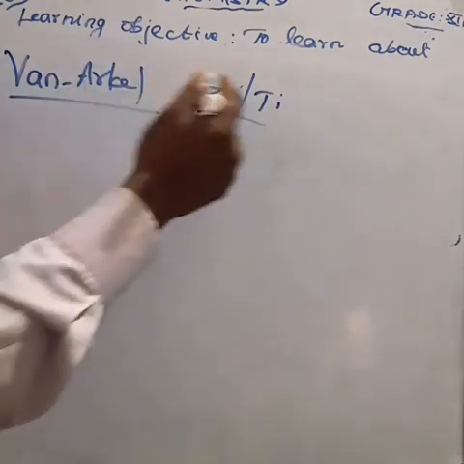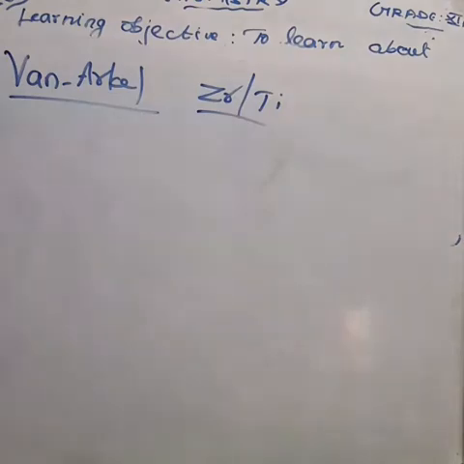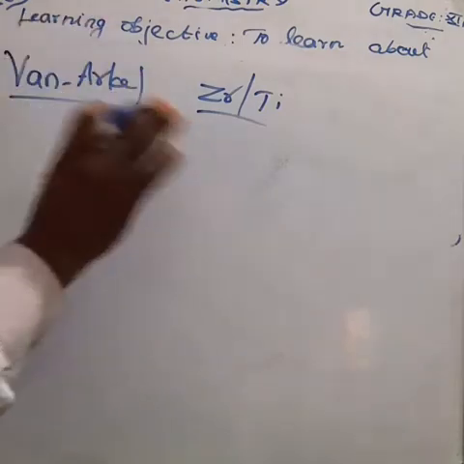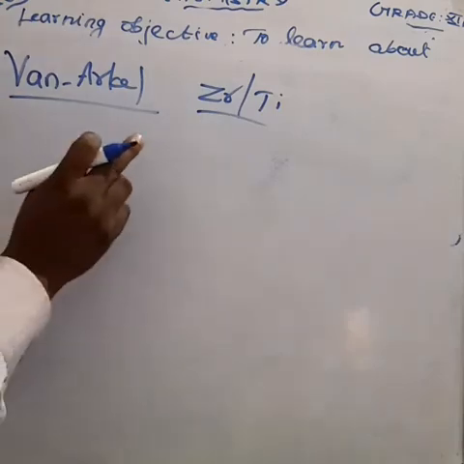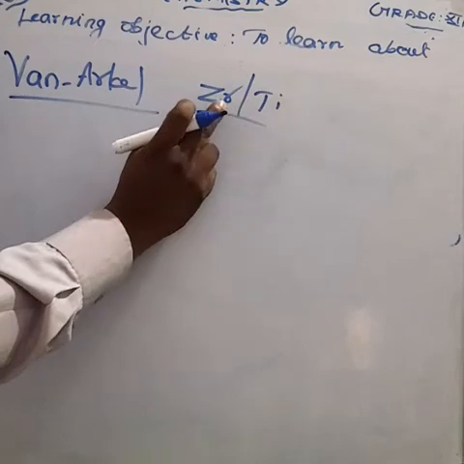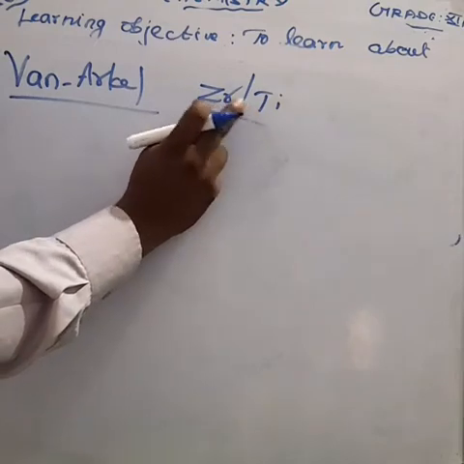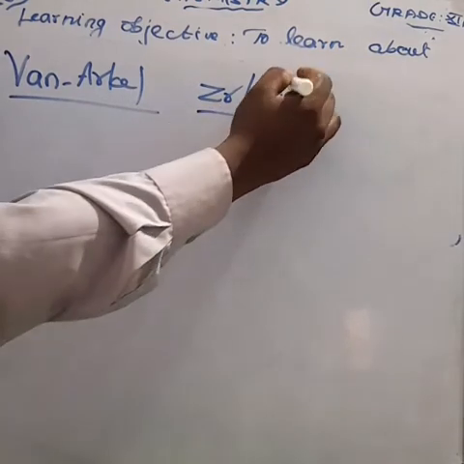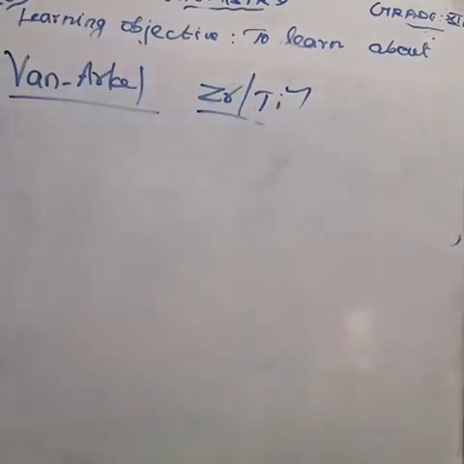That means by applying heat, the compound undergoes decomposition, which leads to the formation of pure metal. It is the same process. Here we are taking titanium and zirconium. What is the symbol for titanium? Ti, and zirconium is Zr. But in our textbook we have only titanium, so I am taking titanium, Ti.